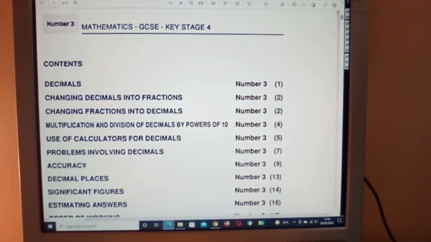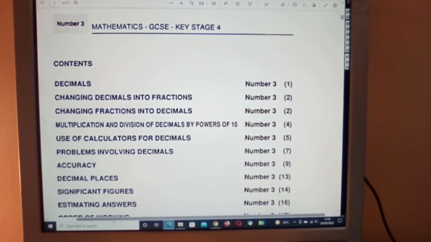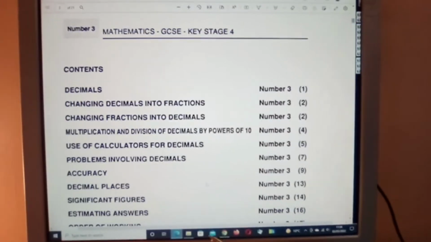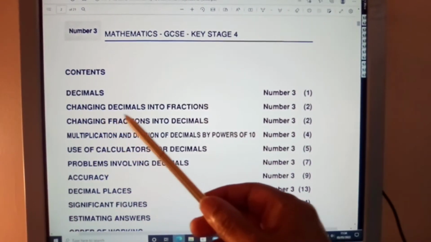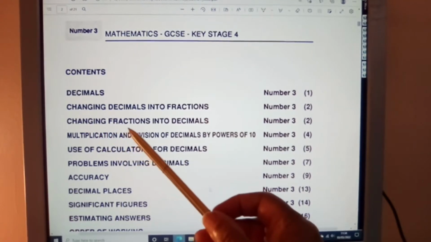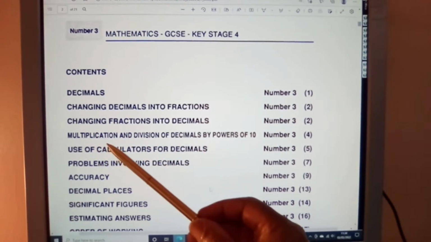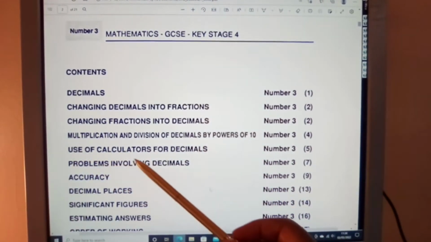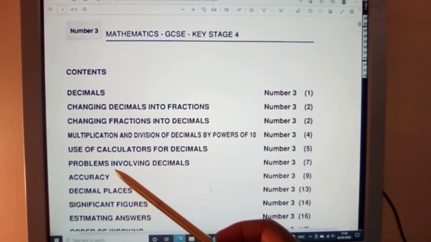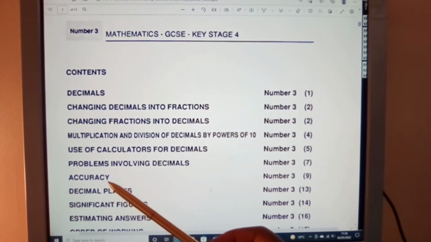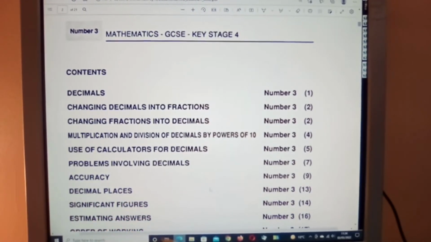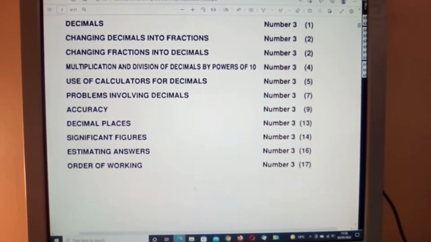Let me just make sure that we can get it in full view. We're going to be looking at decimals, changing decimals into fractions, changing fractions into decimals, multiplication and division of decimals by powers of 10, use of calculators for decimals, problems involving decimals, accuracy, decimal places, significant figures, estimating answers, and order of working.